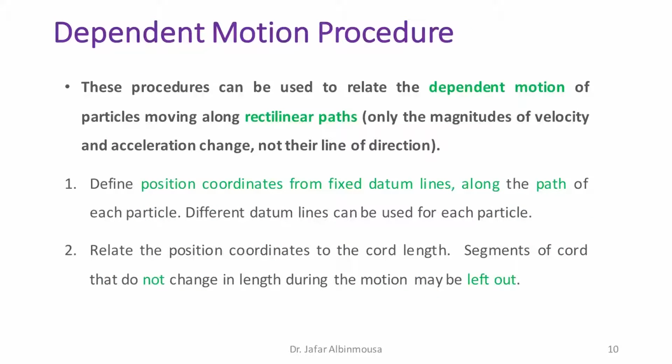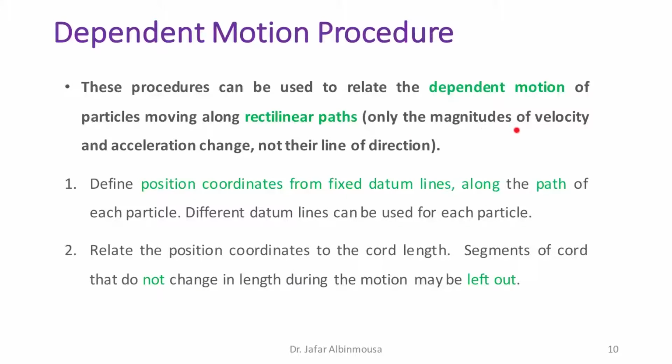Now we are going to set up a procedure for analyzing dependent motion. But an important note here is that these procedures can be used to relate the dependent motion of particles moving along rectilinear paths. As you saw before, the blocks, the pulleys, everything was moving in just straight lines.